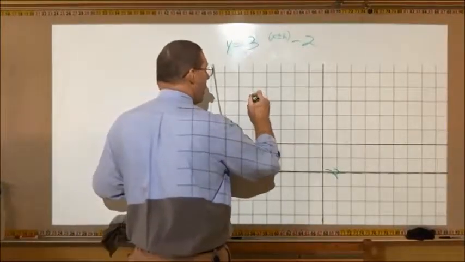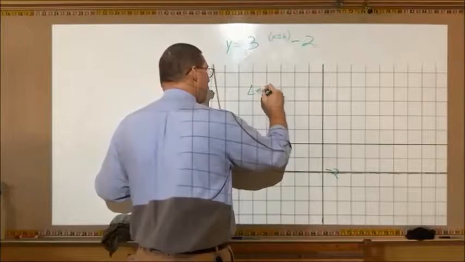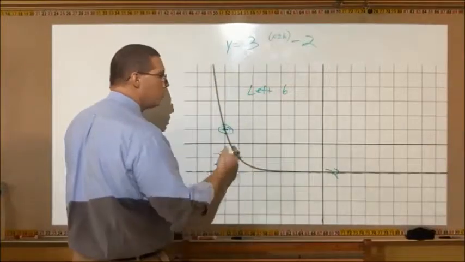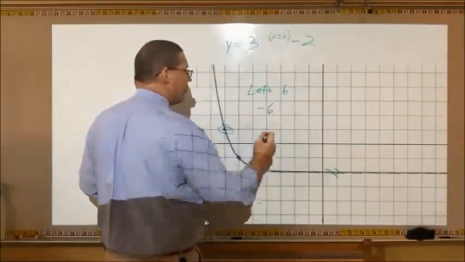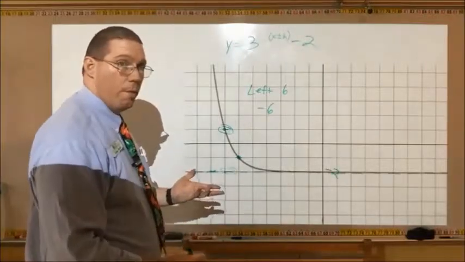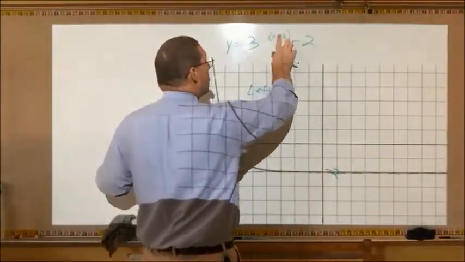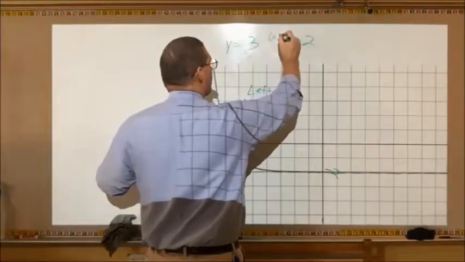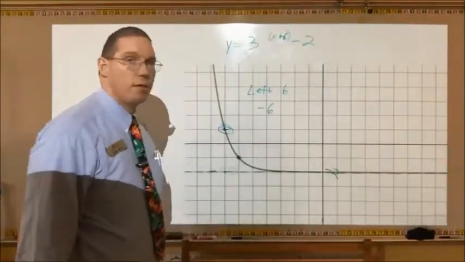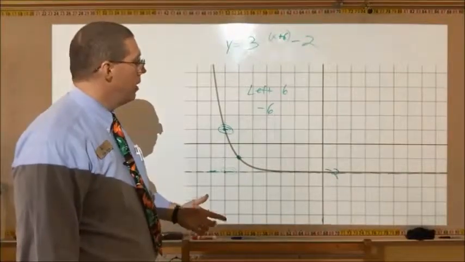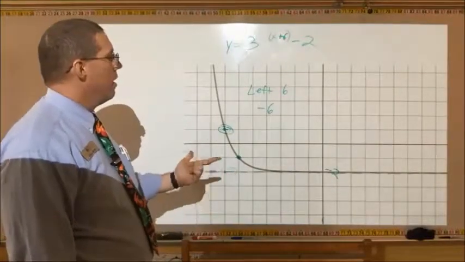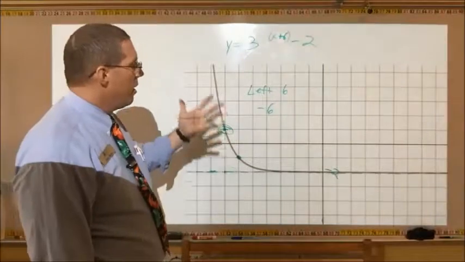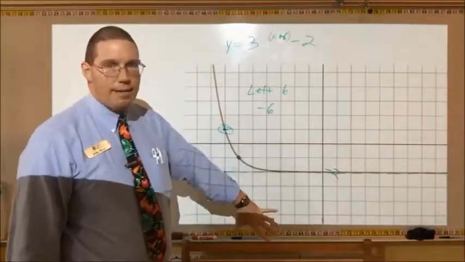So it is a left 6, which in a way we can say is a -6 shift. But when we put it with the x, we have to put the opposite sign. So instead of -6, we're going to put +6.